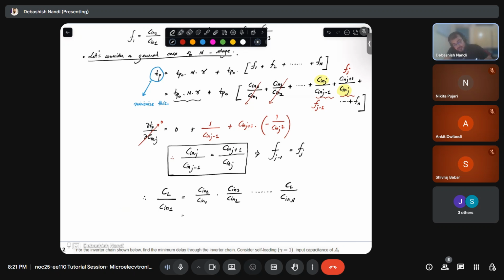If all of them are equal, let's assume this is F naught. So it will be F naught to the power n, from the first stage to the nth stage. So how can you find out F naught? F naught is the nth root of CL by C in 1.